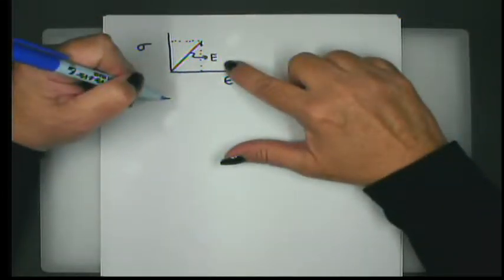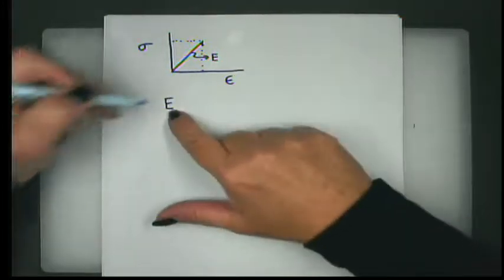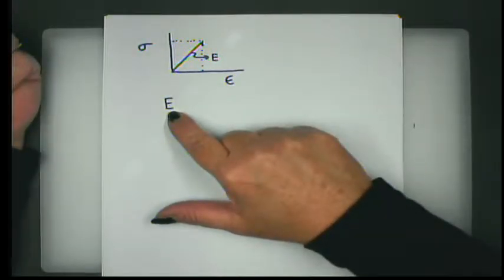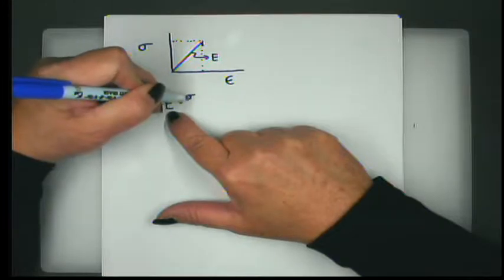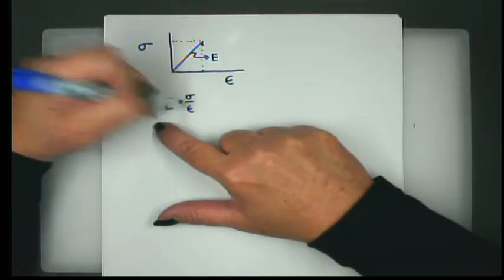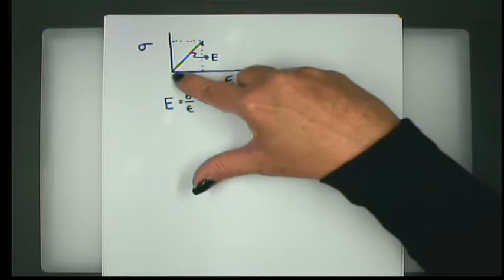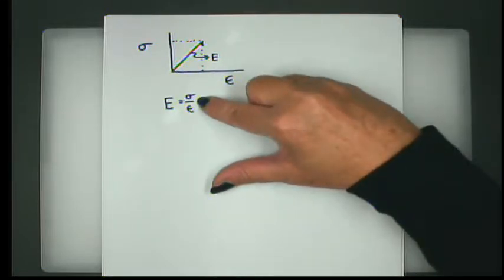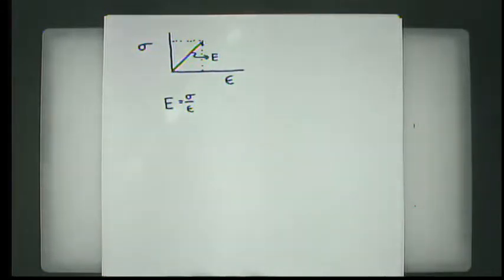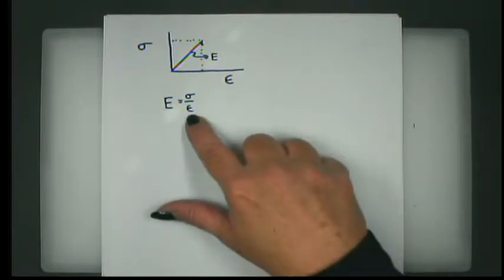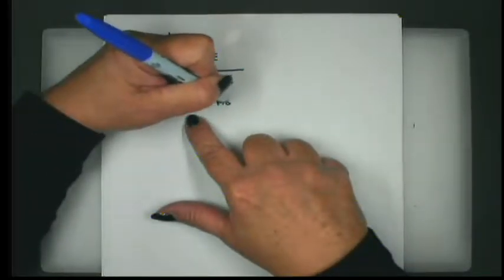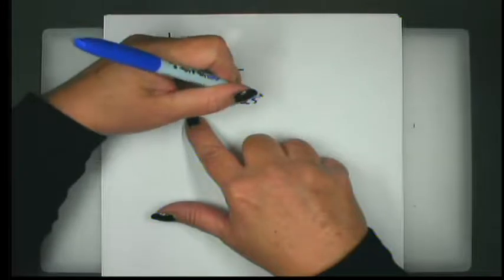Well, we know that the slope of a line, we referred to this as the modulus of elasticity, or Hooke's modulus, and the slope of the line is equal to the change in y over the change in x. And since this runs through 0, the numerator is sigma minus 0, and the denominator is epsilon minus 0. So we can just eliminate that, and we can write this particular equation, and this is referred to as Hooke's law.